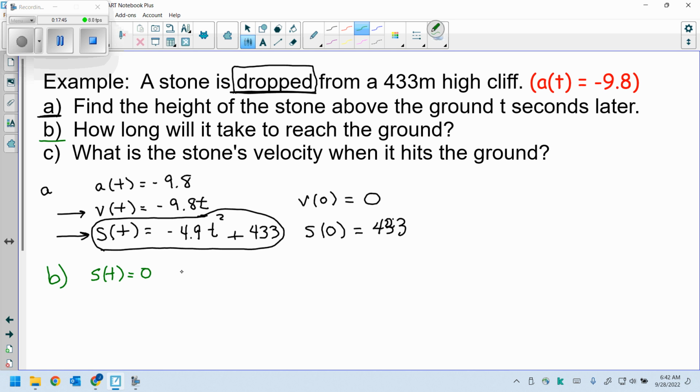So we've got to take negative 4.9 t squared plus 433, set that equal to 0 and solve for t. So I'm going to press pause. I'd like you to press pause and see what we come up with.